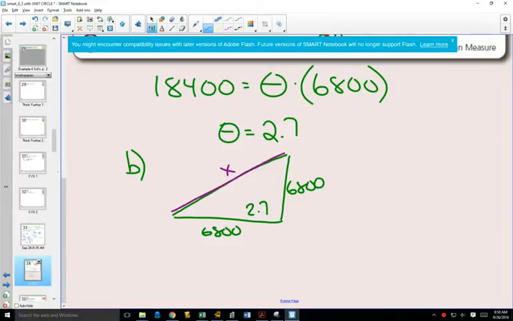I know the 2.7, I don't know its opposite side. I know the 6,800, I don't know the angle. And so we can't use the sine law here with the information that we have because we don't have an angle and opposite side. I always look for the sine law first because I find it's a little bit shorter than the cosine law, but in this case we're going to have to use the cosine law.